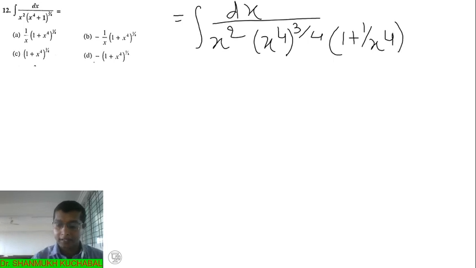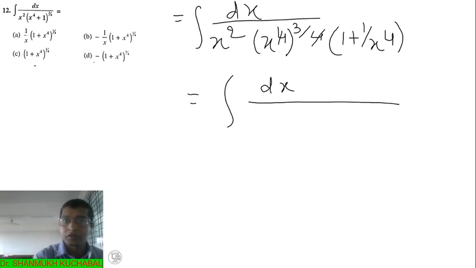The 4 in numerator and denominator cancels. So we get dx divided by x squared times x cubed, that is x raised to 5, times 1 plus 1 by x raised to 4 raised to 3 by 4.